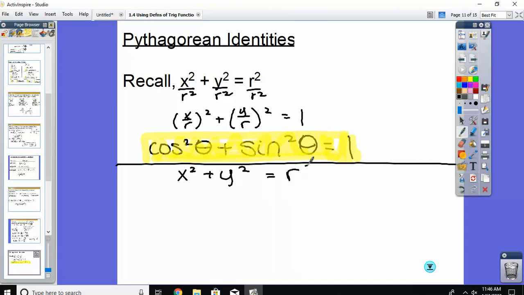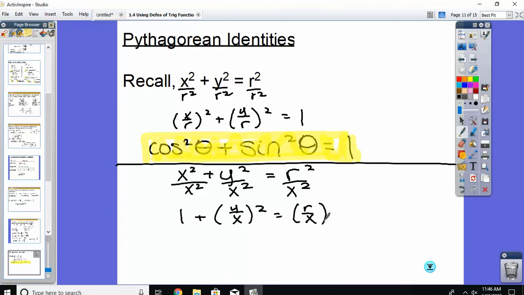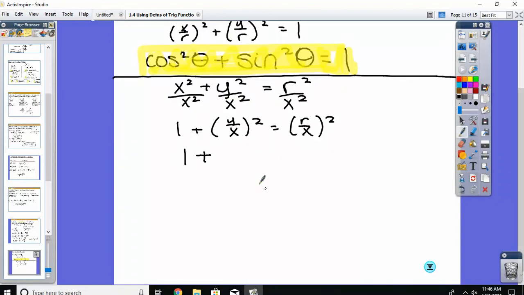There are 2 others. If we go back to this x squared plus y squared equals r squared. Let's say if instead of dividing by r, I divided by x squared. And I have 1 plus y over x squared equals r over x squared. What's y over x? Tangent.